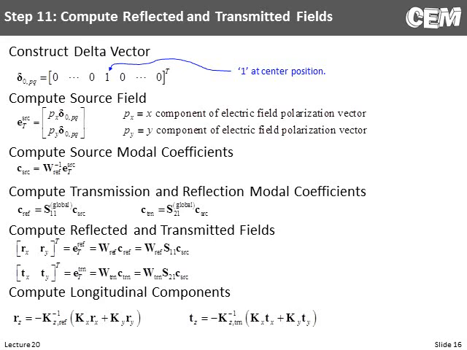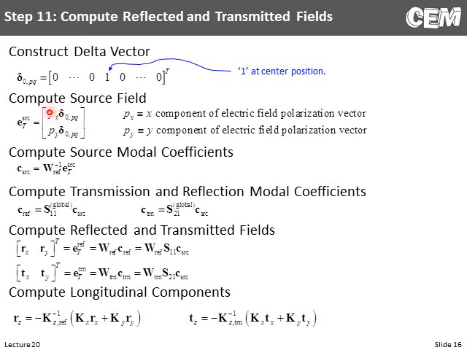Now it's time to figure out what the fields are on the reflected and transmitted sides. So first step is to calculate this delta vector. Remember, this is all zeros except the 1 usually in the position of the 0 order harmonic, because that's our source field coming in as the 0 order. Given that, we can calculate what the source field looks like.